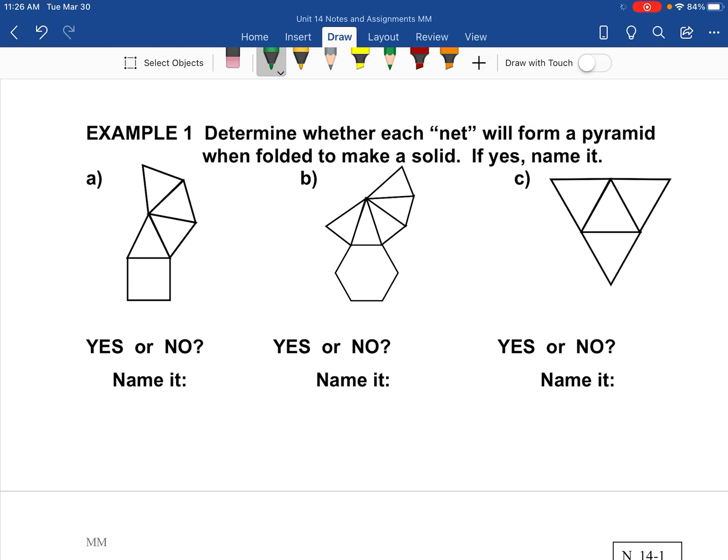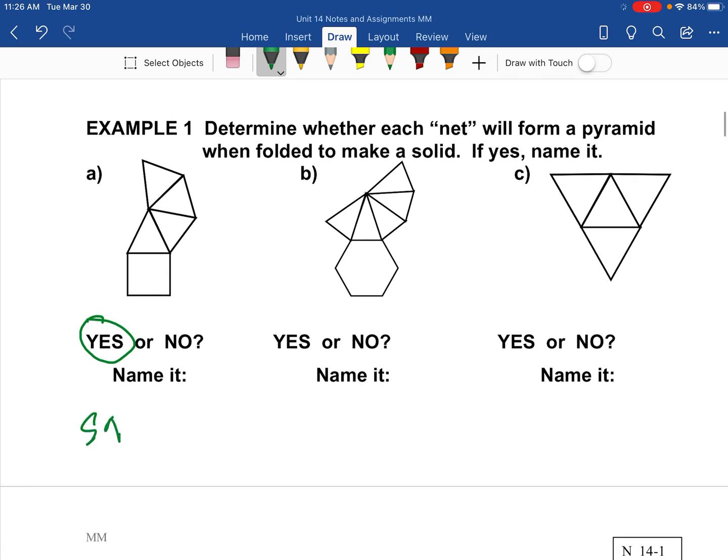So A, yes or no, could that be a pyramid? Yes, it could. It has the same number of isosceles triangles representing the lateral faces as the sides of the base. This would be a square pyramid. B is no, it cannot be a pyramid. There are 5 triangles, and that's a hexagon, which has 6 sides.